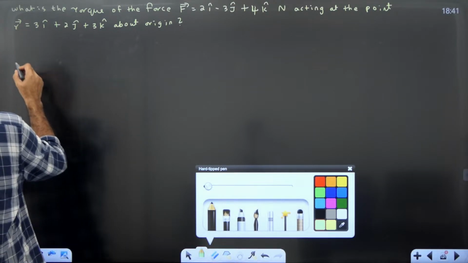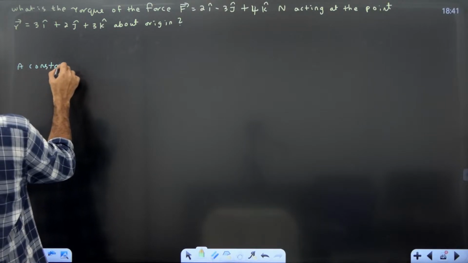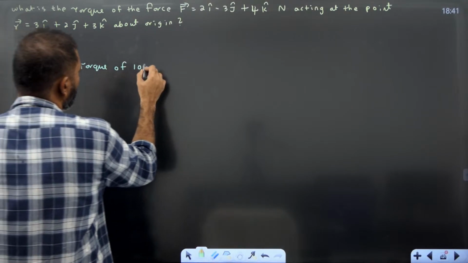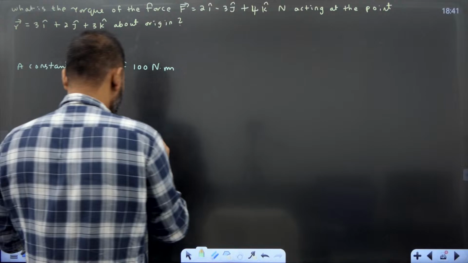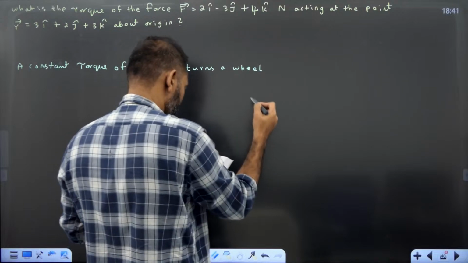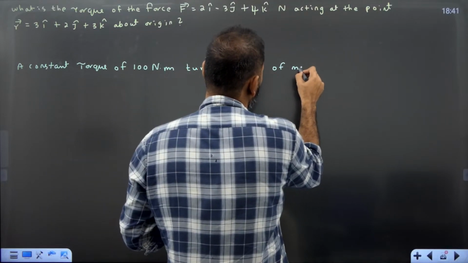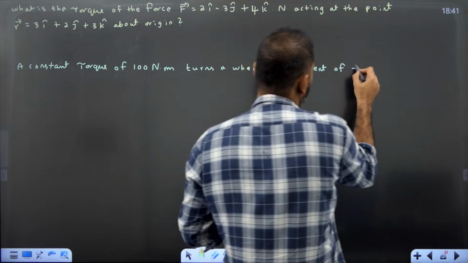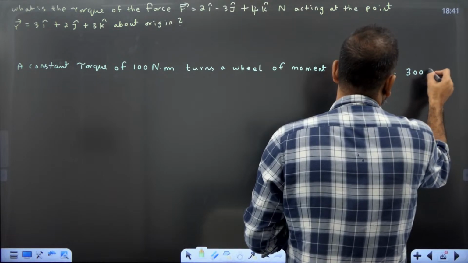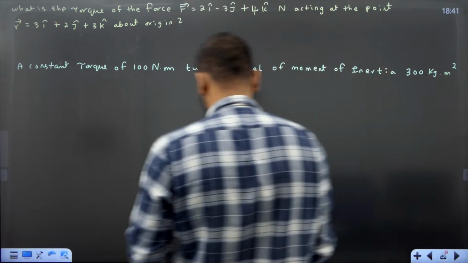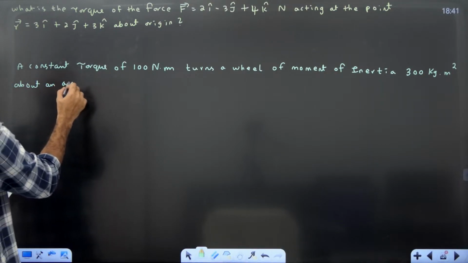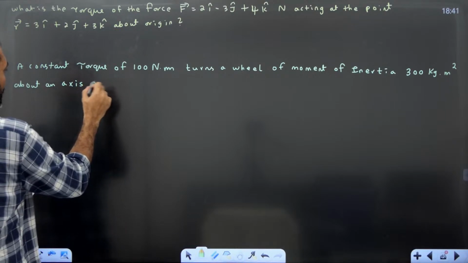A constant torque of 100 Newton meter turns a wheel of moment of inertia 300 kilogram meter square about an axis passing through its center.